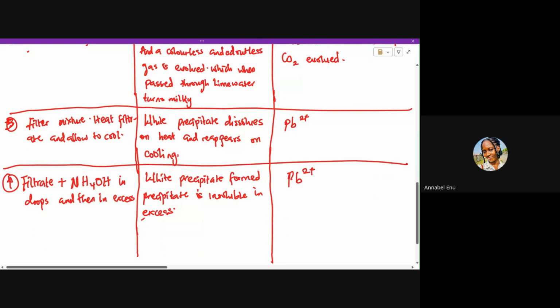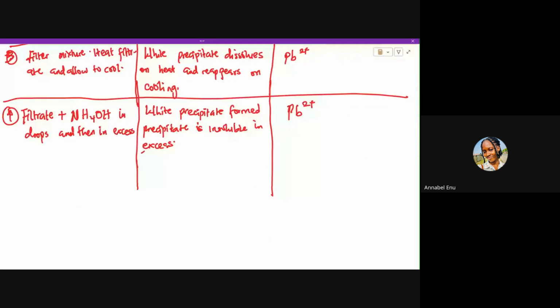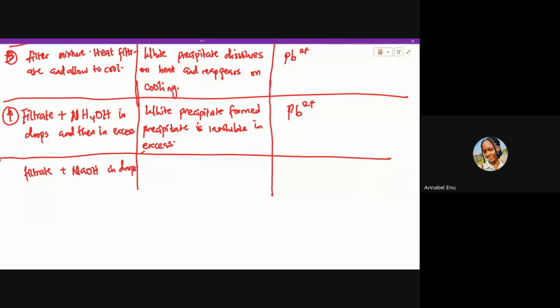Or instead of this step, we can be told to react our filtrates with sodium hydroxide. Okay, in drops, the same thing, and then in excess. Now in this step, the same thing. White precipitate is formed.